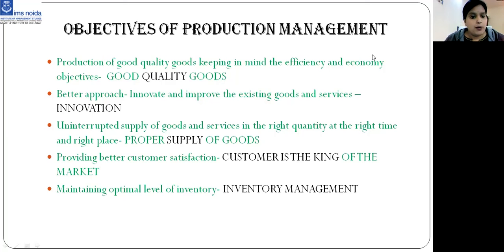Next objective is providing better customer satisfaction, because customer is the king of the market, and what customer wants, production management has to provide it. Last but not the least, inventory management, maintaining optimal level of inventory. It is a wide topic to be discussed and it will be discussed in other videos.